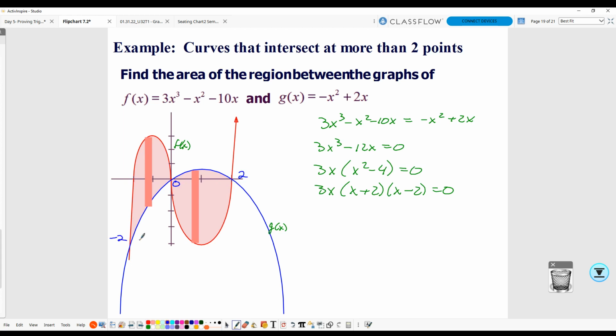To set this up, from negative 2 to 0, the red curve, which is the cubic, minus the quadratic, which is the bottom curve. And then we need to add on from 0 to 2, the top curve minus the bottom curve.